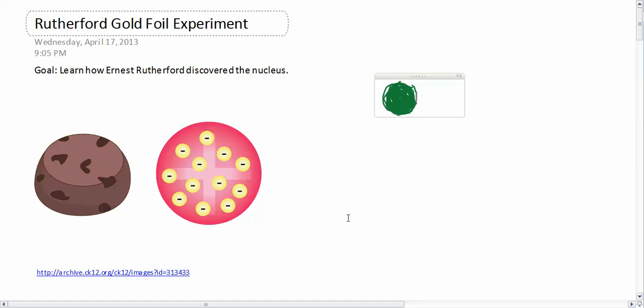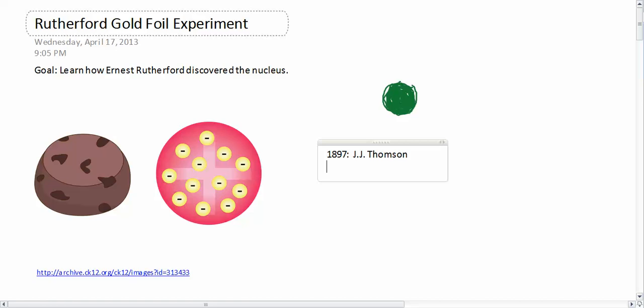But then in the year 1897, along came a scientist named J.J. Thomson. J.J. Thomson is a very famous chemist. And he's famous because he was the first scientist to realize that there's something out there smaller than the atom.